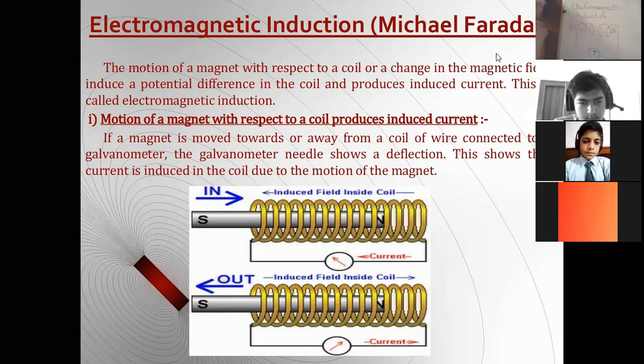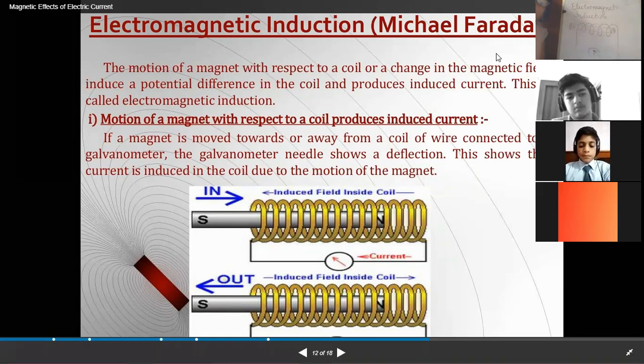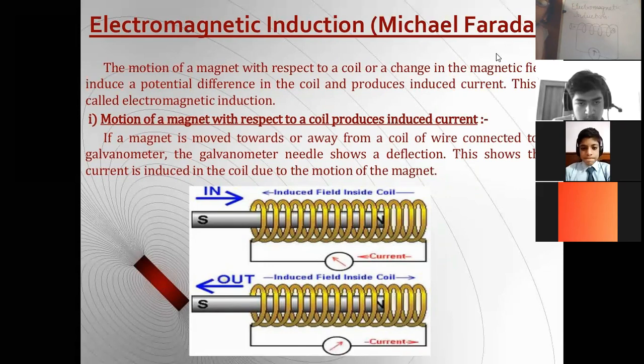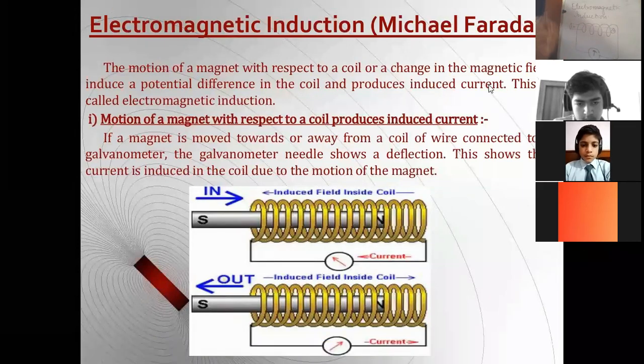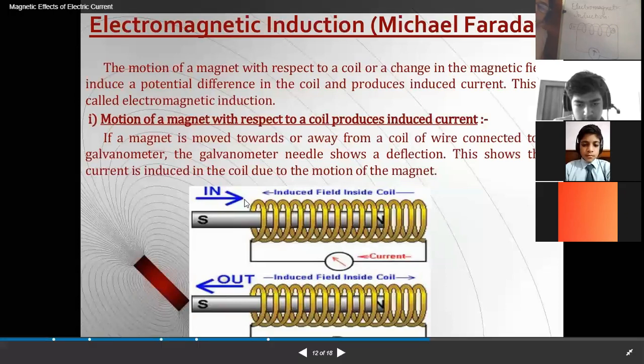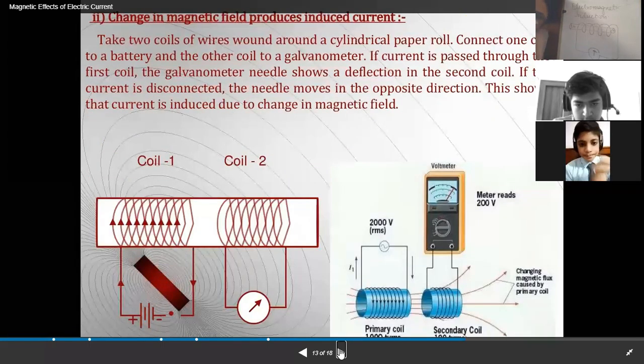Means whenever there is a change in the magnetic flux, current will be induced. Okay. Now, is there any other way to induce current in the coil? Yes, there is one more way, and I am going to describe it in the form of an activity.